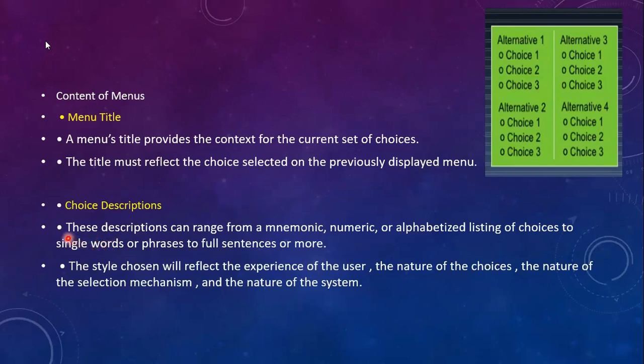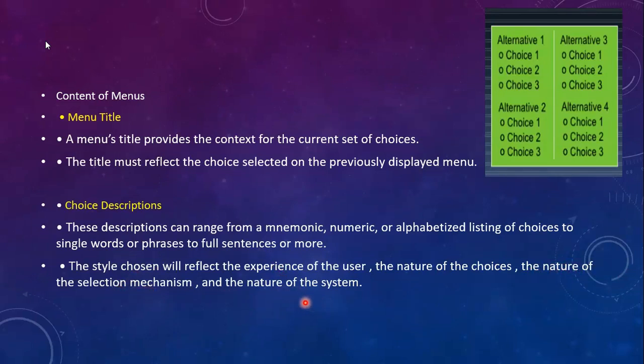The choices will have certain answers. This may be single words, or sometimes phrases or full sentences, and many more. The style chosen will reflect the experience of the user, the nature of choices, the nature of the selection mechanism and the nature of the system.